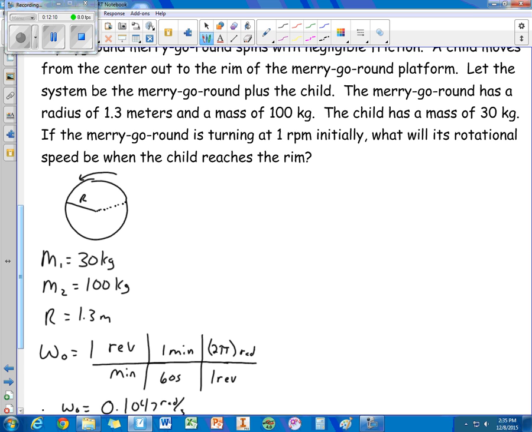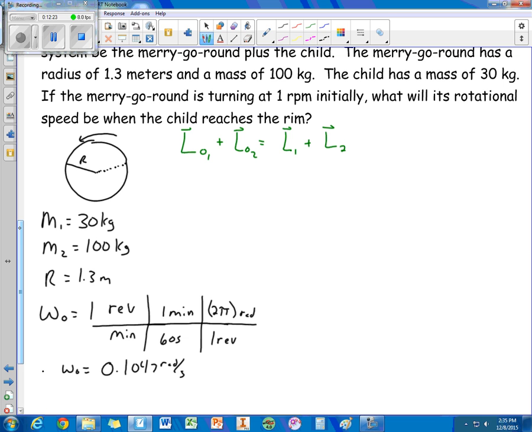So we can use our conservation of angular momentum. Angular momentum is I times omega. Because the child and the merry-go-round are connected, they have the same initial angular speed. Likewise, they'll have the same final speed.